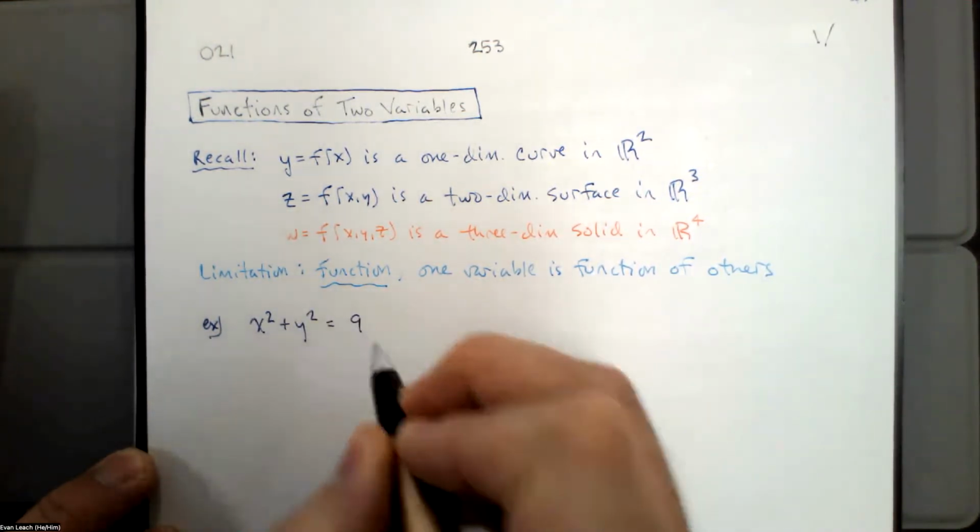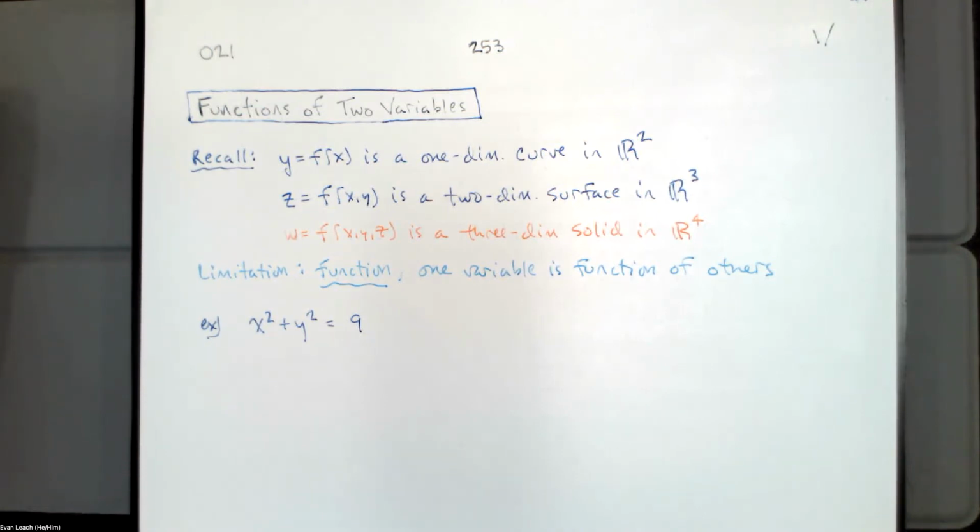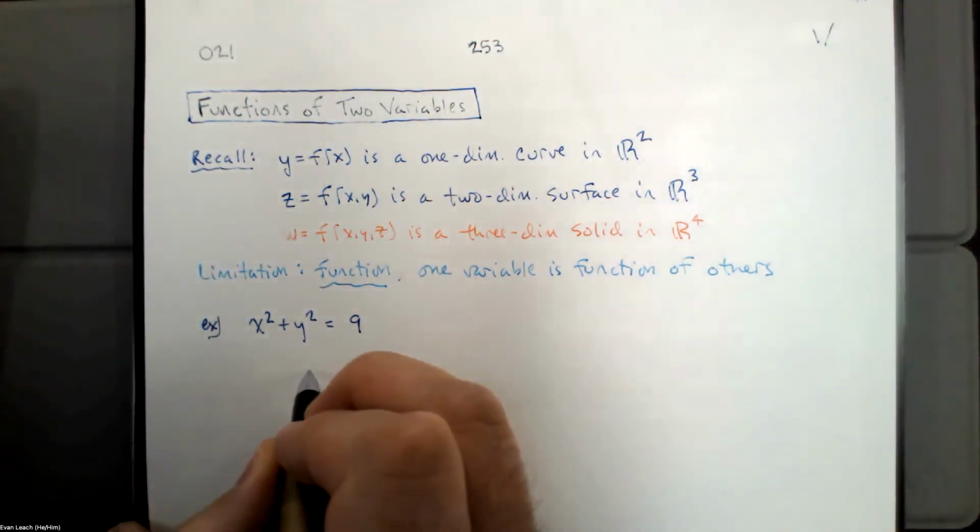And I'm even going to have a fixed value for the radius. When we look at the equation x squared plus y squared is equal to 9, we know that this produces a circle with a radius of 3 centered at the origin.